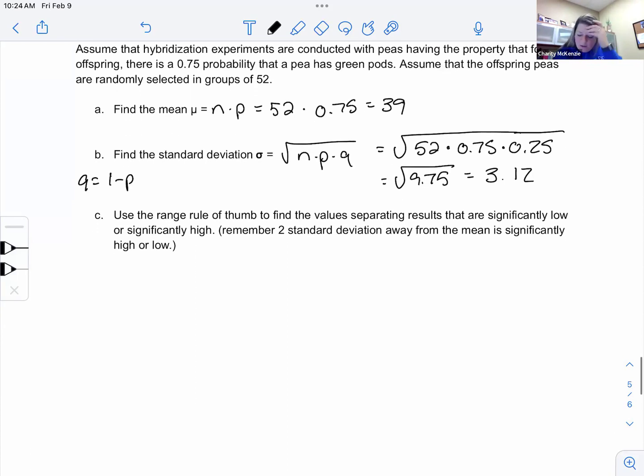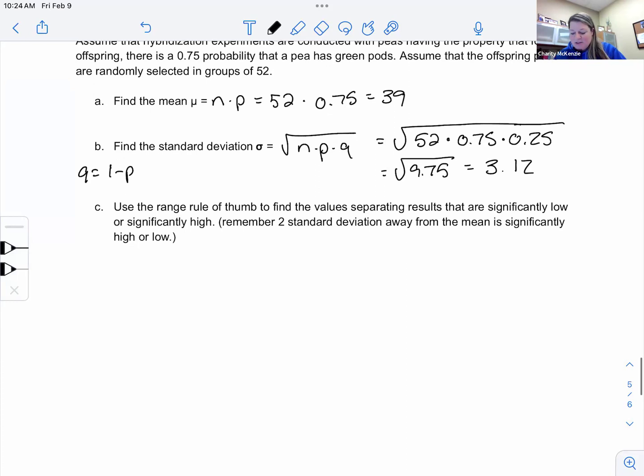Okay, so now it says use the range rule of thumb to find the values separating results that are significantly low or significantly high. I left that in there because it says it in your homework. We did the standard deviation above, so we don't need to do any weird calculations.